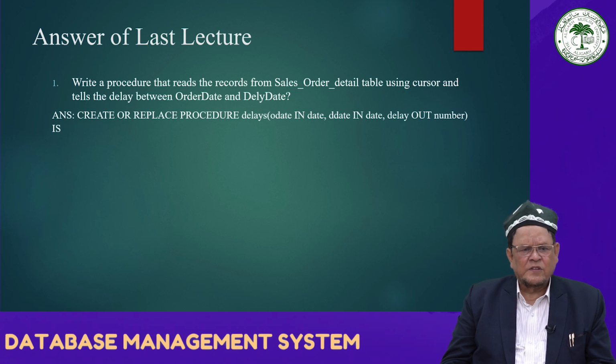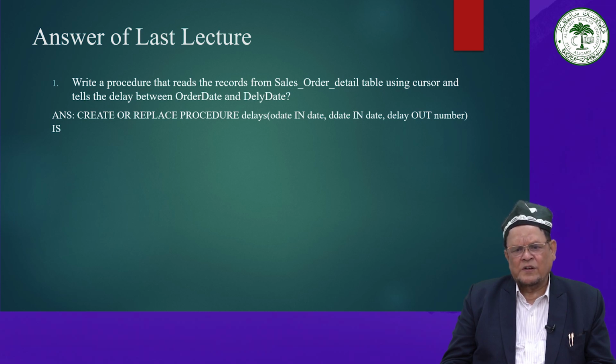The answer is: create or replace procedure delays, within brackets, order date in date, d date in date, delay out number, parenthesis closed, is begin, delay is equal to d date minus order date, end.